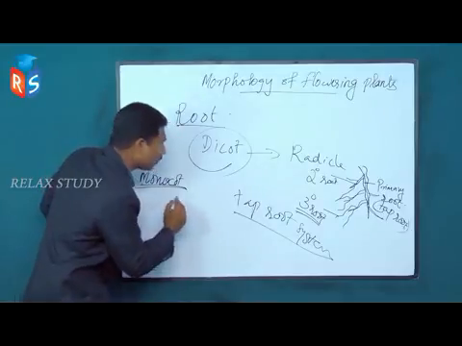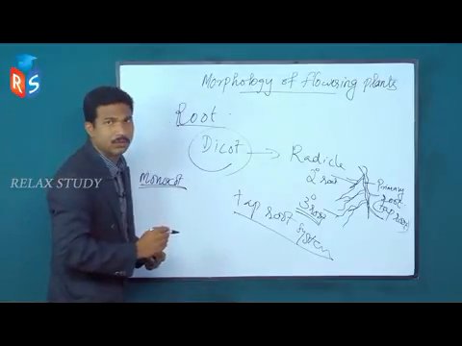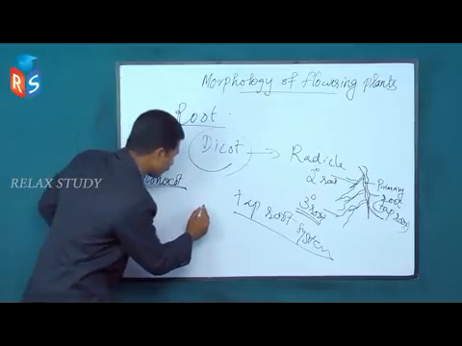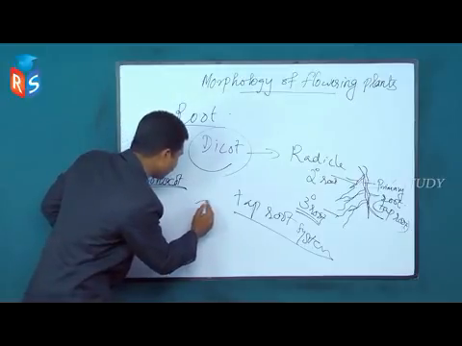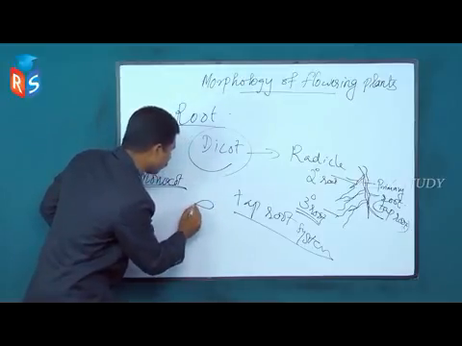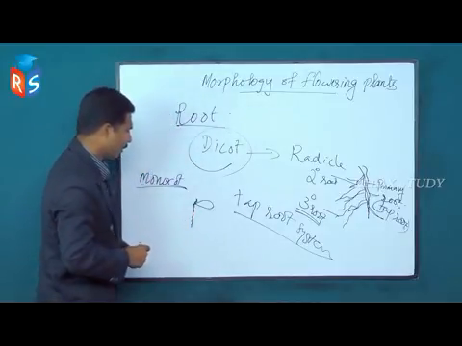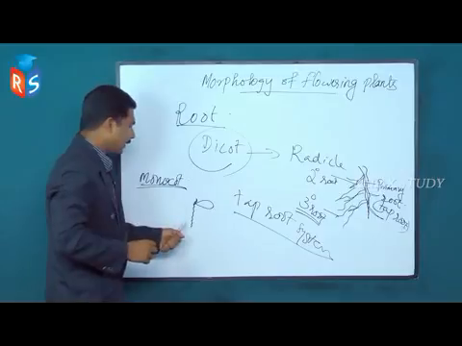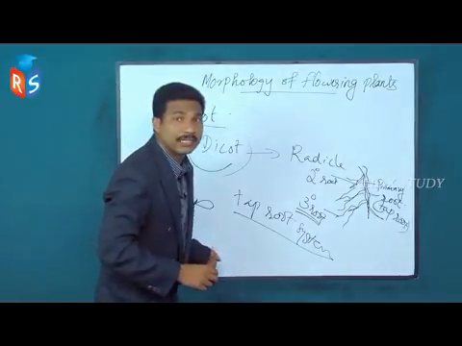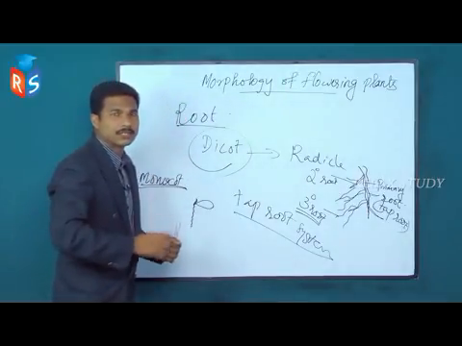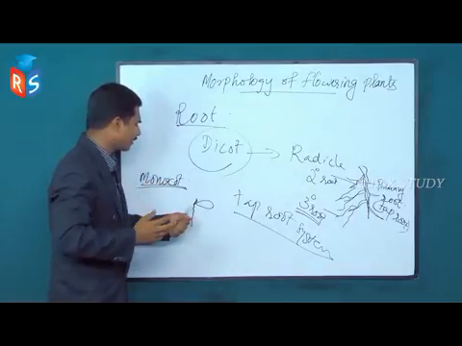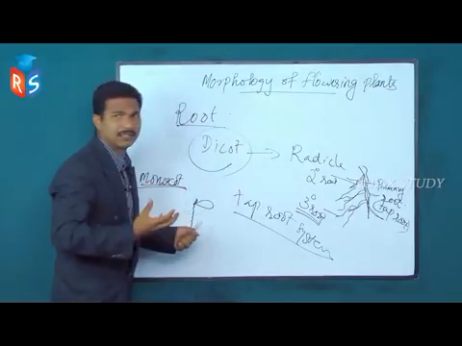That root is not called the primary root or taproot. That is the main difference. Imagine this is one monocot plant. This is the shoot system, and this is the radicle part. This radicle elongates to form one root, but there is no specific name for that root. It is just regarded as the root of the radicle.